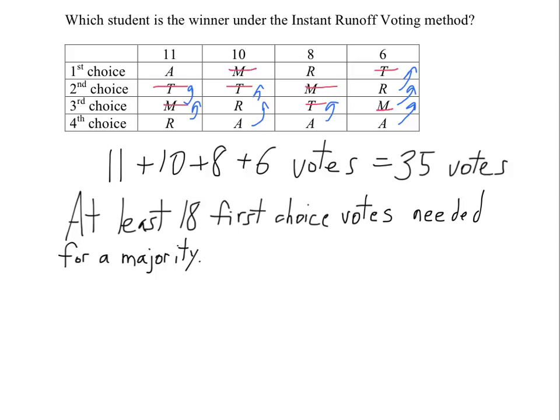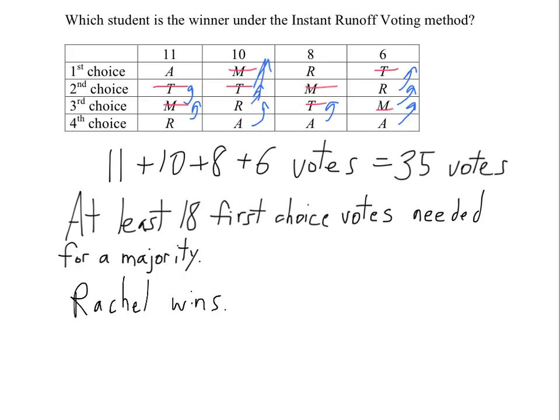And notice that these votes for Rachel move her up to first choice, and these votes right here for Rachel are first choice votes now. Ashley still has only 11 first choice votes. Rachel now has these 10, plus these 8, plus these 6. That's 24, which means that in the end, Rachel wins the election.